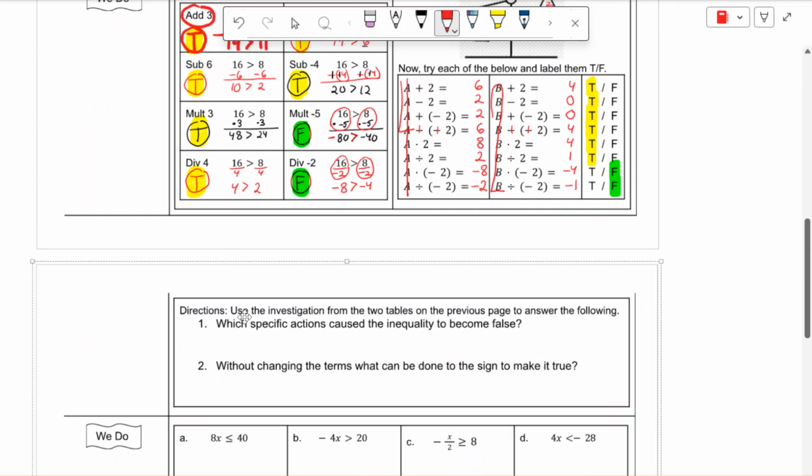and it says directions. Use the investigation from the 2 tables on the previous page to answer the following. Which specific actions cause the inequality to become false? Okay, let's go back up and look. We had this action when we multiplied by a -2 and we divided by a -2, and when we multiplied by a -2 and we divided by a -2.